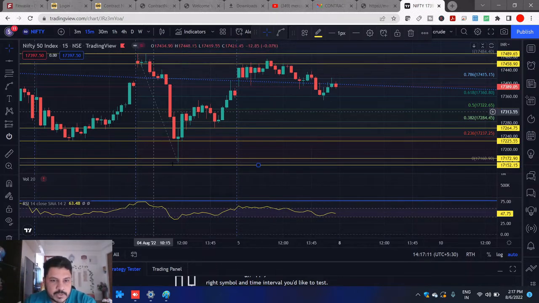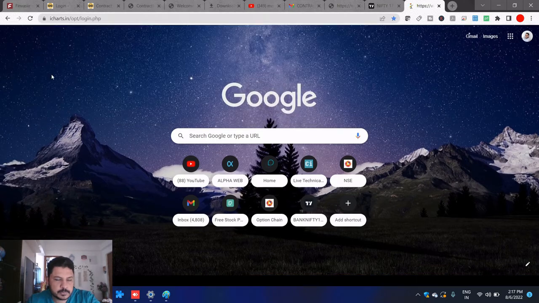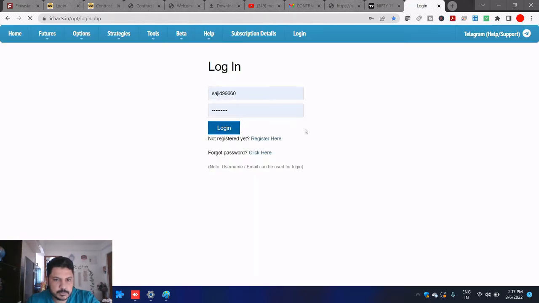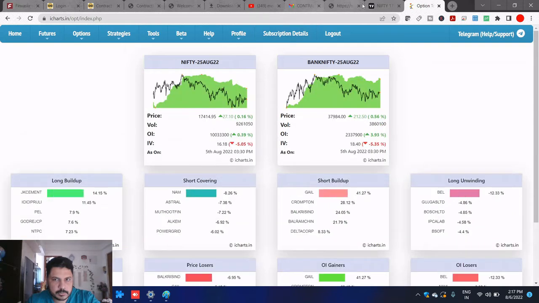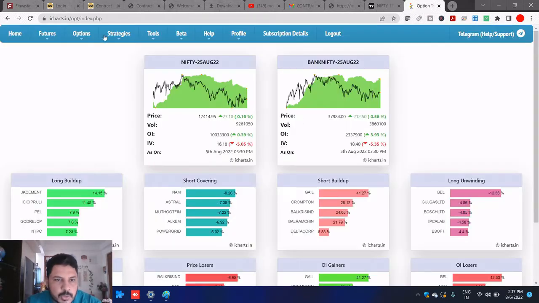Now if you see for this day, what is your OI data saying? Let's check that. This is the date of 3rd August. This is 5th August. Okay, so 5th August, let's check what is the open interest saying.